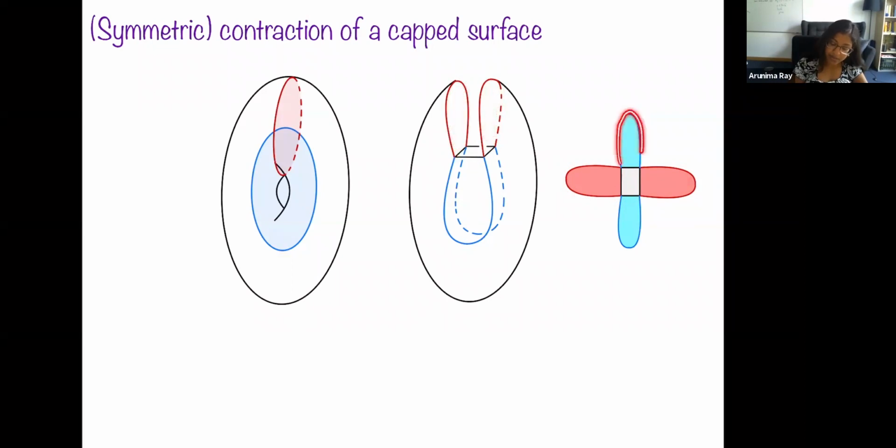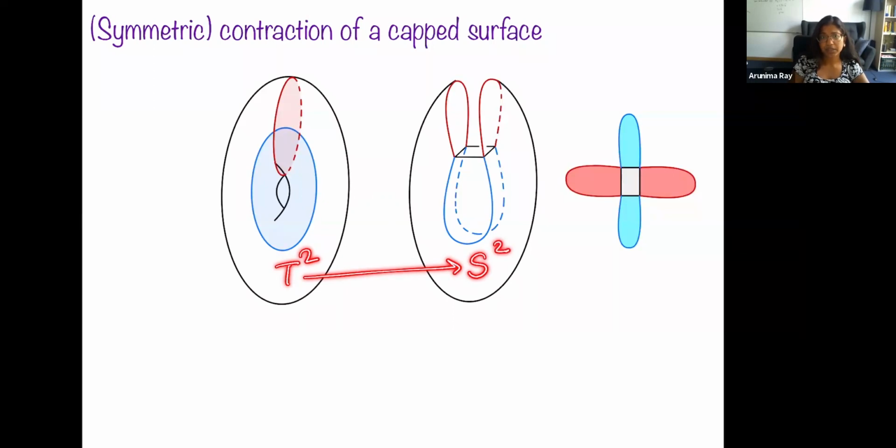And then there are these blue flaps. These guys are going to get folded over. So they're going to be lying on top of each other. Like there's one flap and then there's the other flap that's behind it. Okay. And so at the end of this process, I have something that is a bit more unusual to draw, but I hope that it's clear that that is another picture of an S2, just a weirder one.